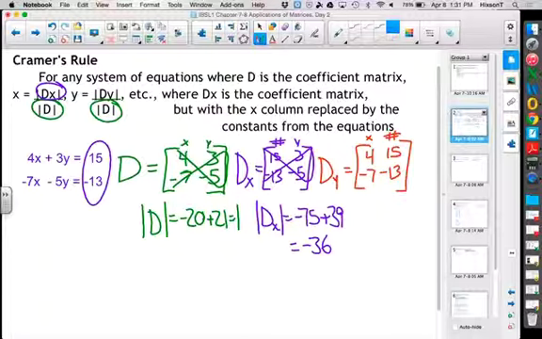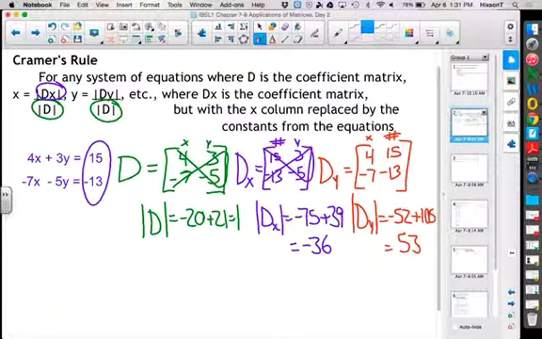Good. Then we have our last one, D sub y. The determinant is 4 times negative 13, so a negative 52, minus a negative 15 times 7, 105. So that comes out to a positive 53, okay?